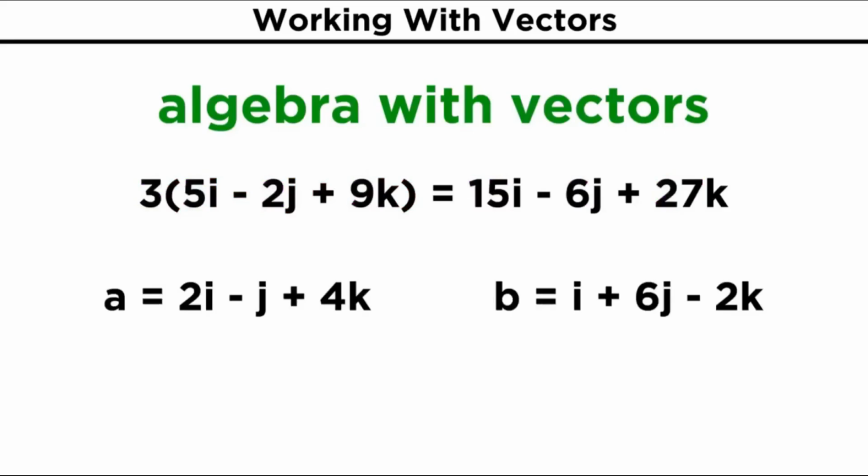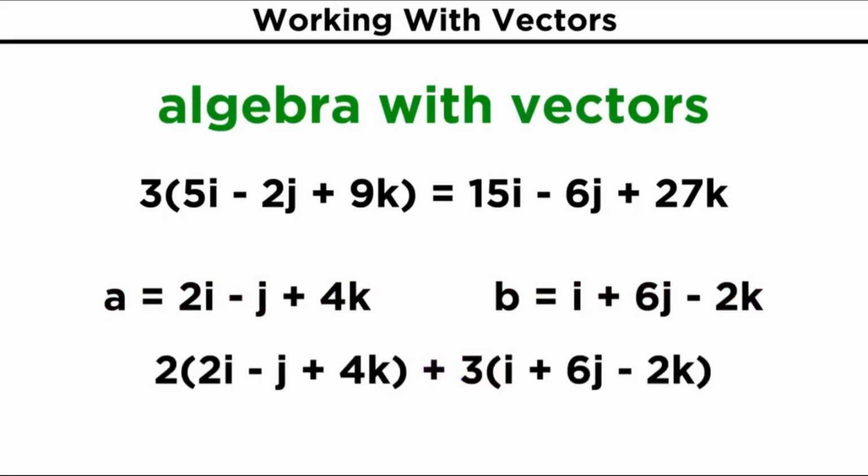We can also add two vectors together without having to draw them. We can simply define one vector, A, which we can say is equal to 2i minus j plus 4k, and another vector, B, which is i plus 6j minus 2k. Then to do something like 2A plus 3B, we can simply change A and B to this other notation.